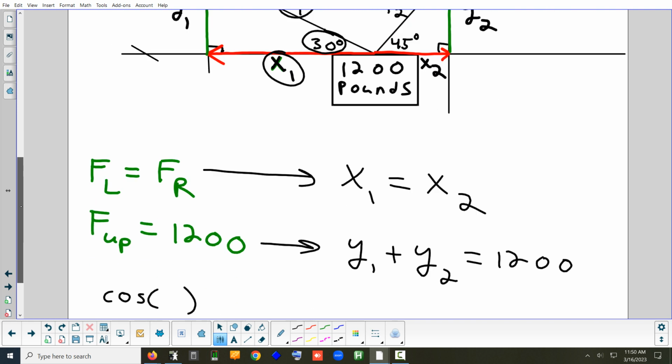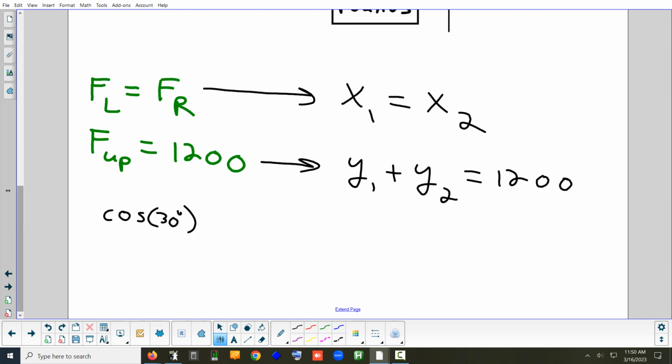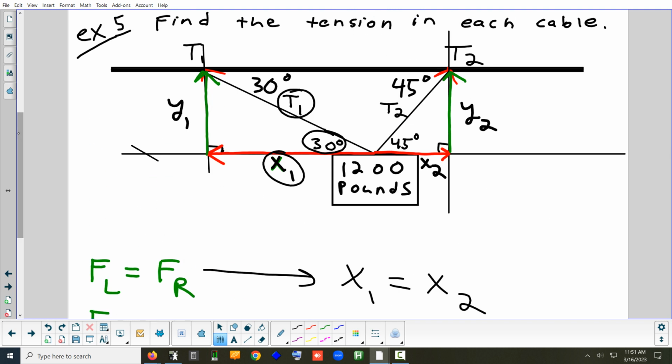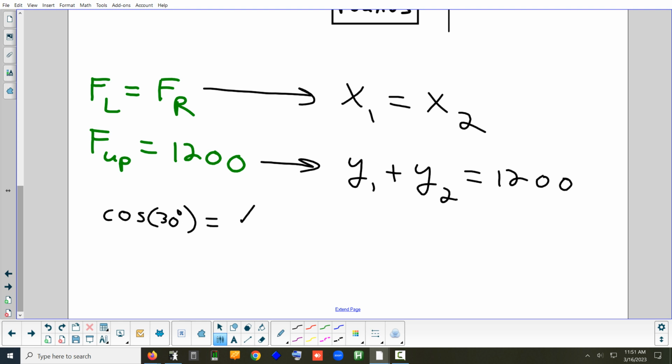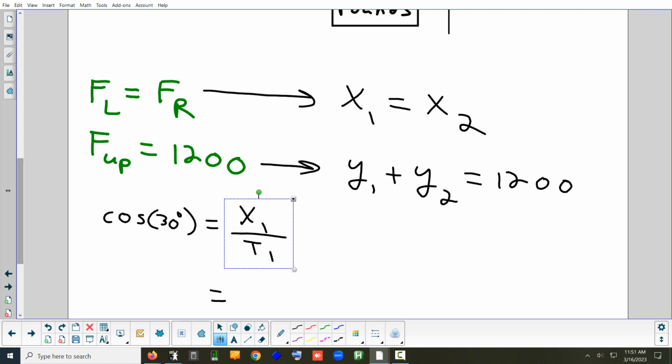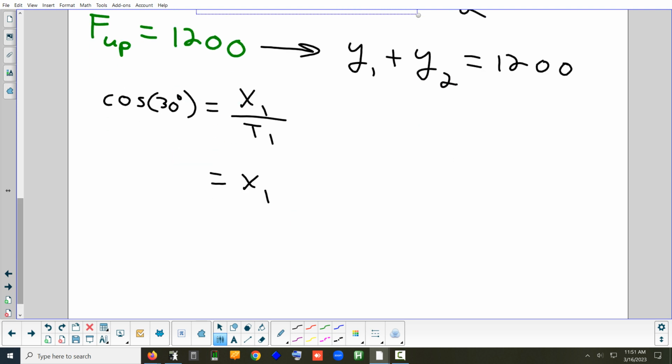Cosine of what? 30 equals X1 over T1. And my goal is to get a formula for X1 that I can then substitute in. So what is X1? T1 cosine 30. Okay, there's X1.